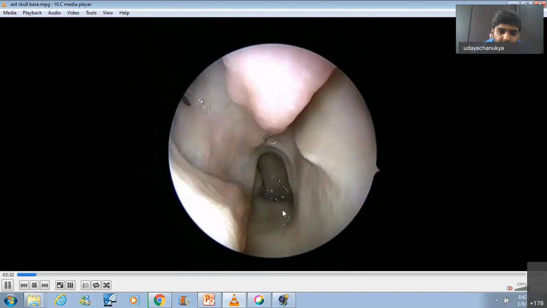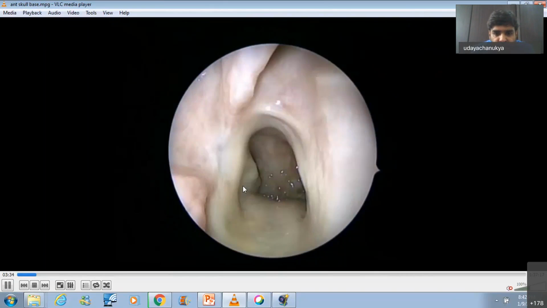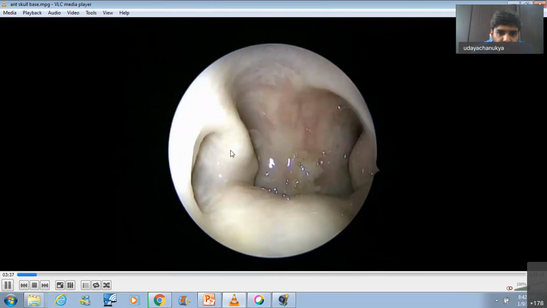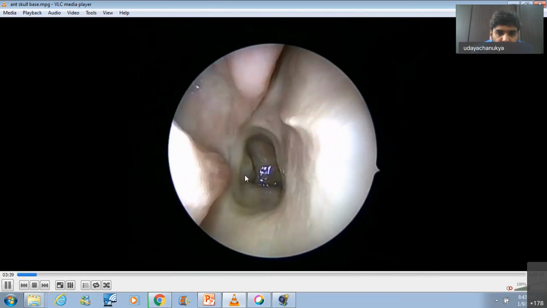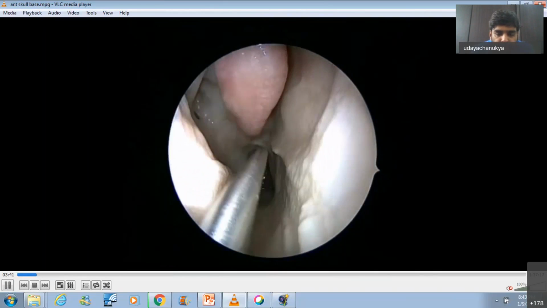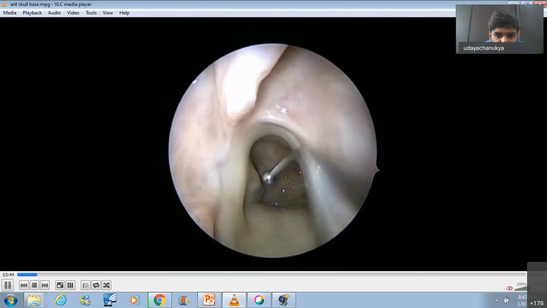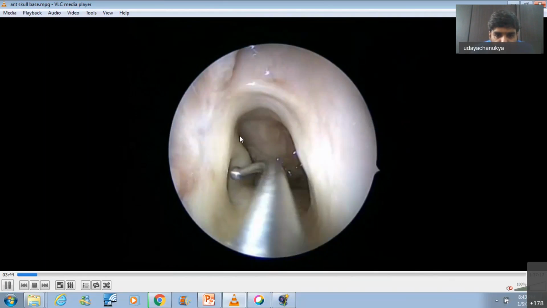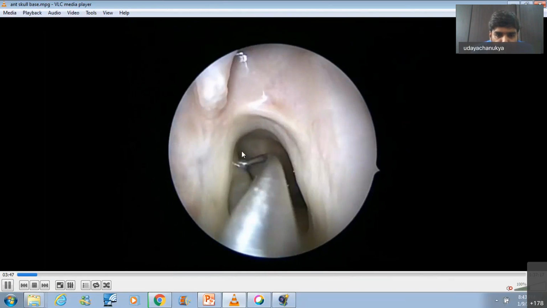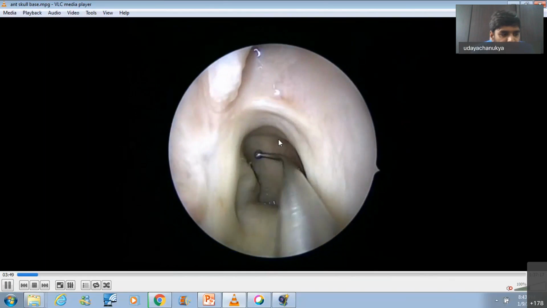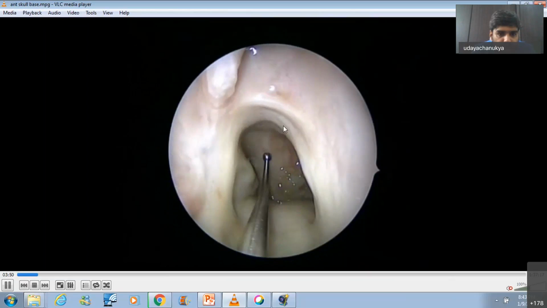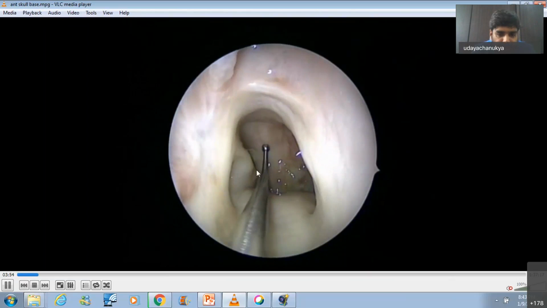Going to the nasopharynx, this is the nasopharynx, fossa of Rosenmuller. Landmarks: this is the eustachian tube, torus tubarius, fossa of Rosenmuller, and the area of the adenoids.